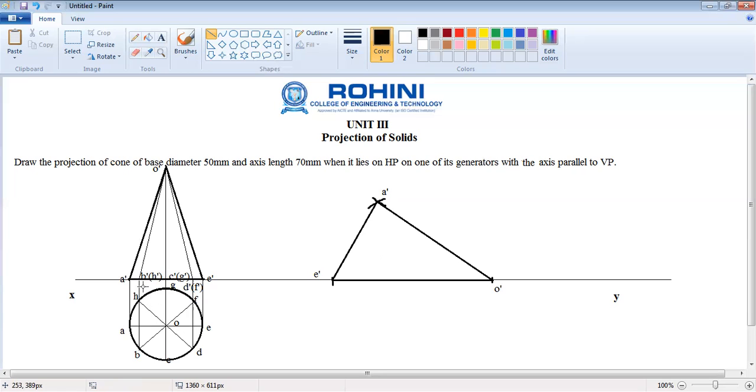Then we have to convert this B H and C G D F into this resting position. Measure from here and mark it here. Then join using lines.